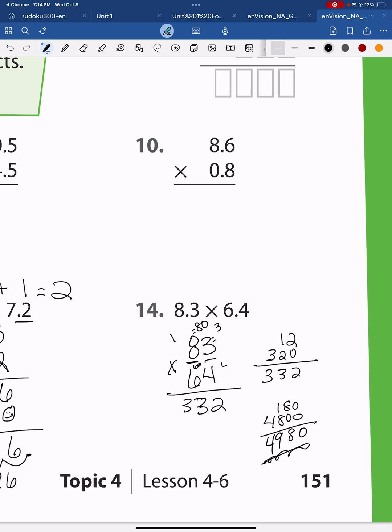So let's do it the standard algorithm, where you drop your 0. 6 times 3 is 18. 8, carry the 1, 48, 49. Look at that, same answer. So allowing them to use area model and box method lets them stretch these numbers out and come up with those partial products in a way where they're understanding the value that the number has.